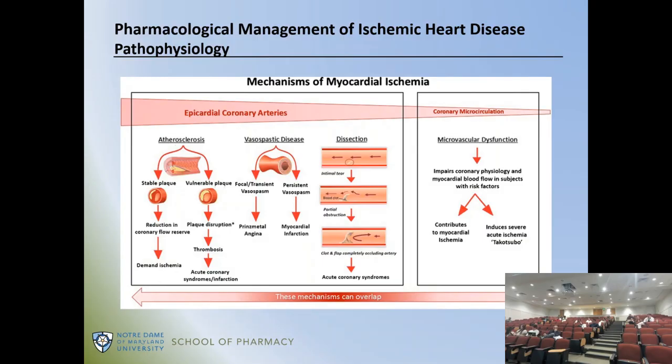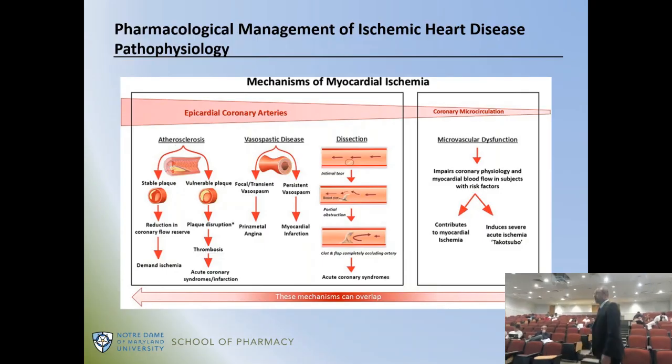In fact, plaque formation can occur in any artery throughout the body. That would be referred to as peripheral artery disease. Oftentimes we just think about what's going on in the heart, but the reality is this process can occur in any of your arteries or blood vessels throughout the body.